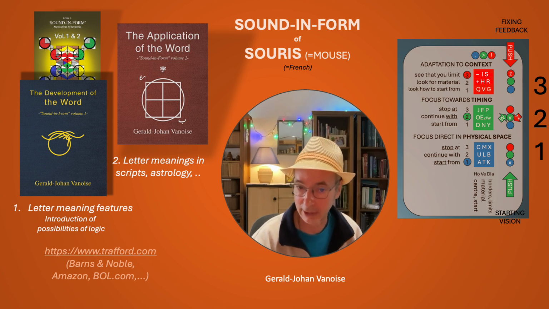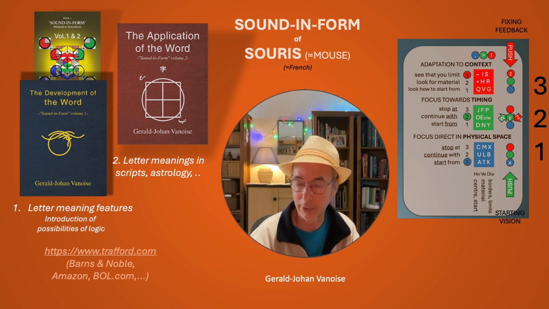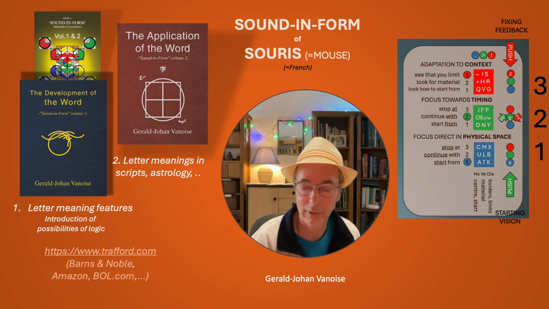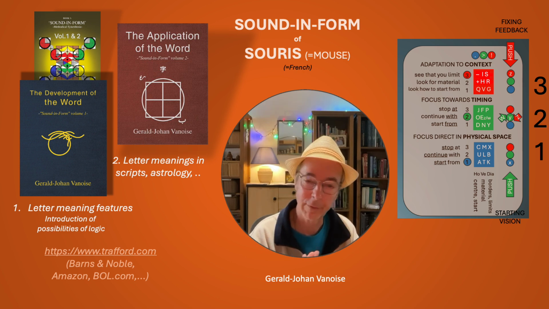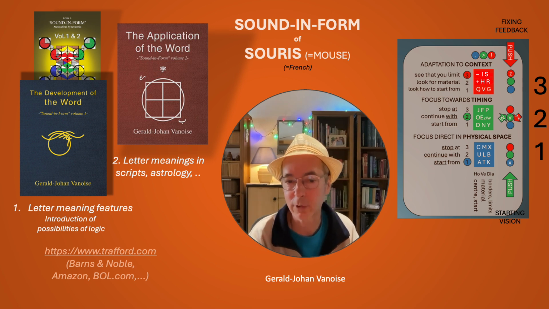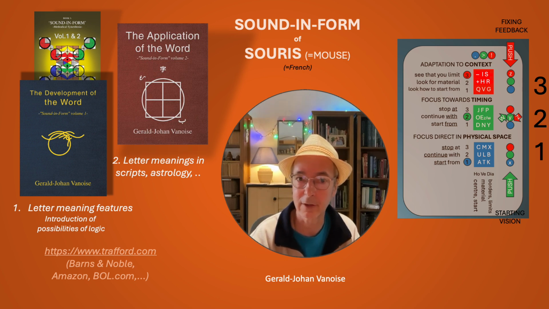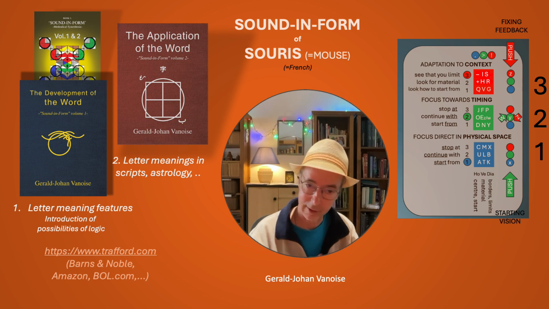And our interpretations are also built up around a logical system of letters. I'm not going to say now why this is logical and so on, but I already explained it in many videos. And it's just an extra video after I have explained mouse in the English word. I will also come to the French word and have a look at what the differences between these two words are. Is the mentality the same? Is the description the same?